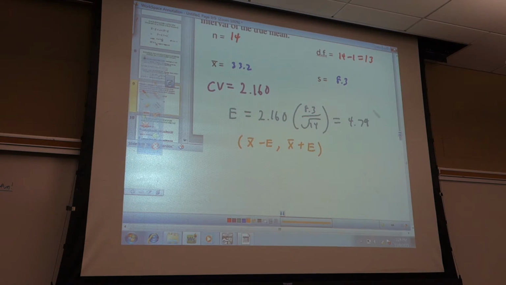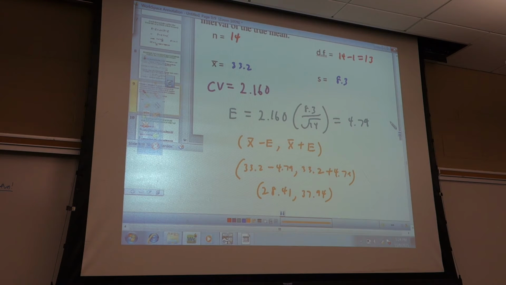So it's going to be 33.2 minus 4.79, comma, 33.2 plus 4.79, and you'll end up with 28.41, comma, 37.94. And then, how many decimal places does my data have?